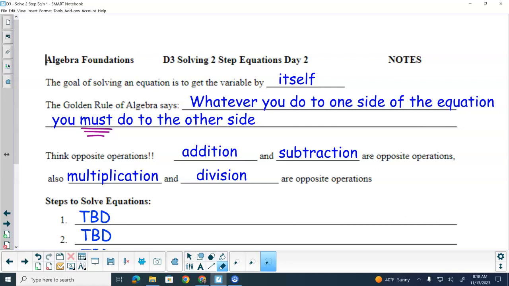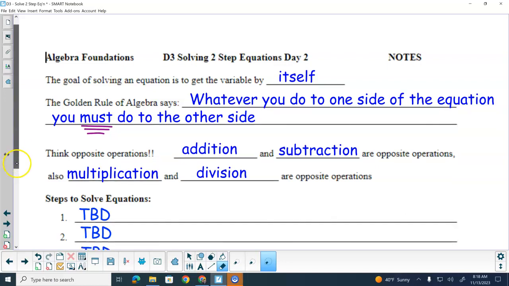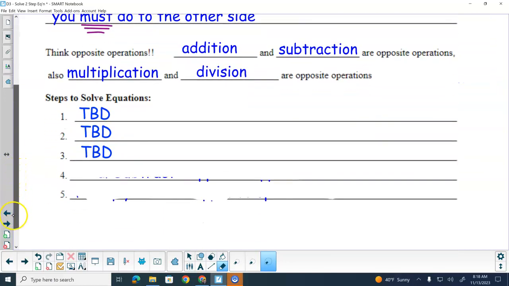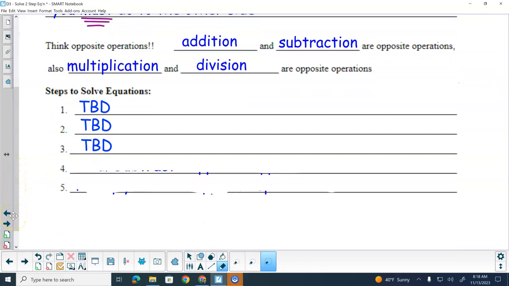Now remember, we're developing some processes for figuring out how to solve these equations. We're not quite ready. We'll be ready on Wednesday to give another step. But remember that our 2 steps that we have are actually step number 4. The first thing we do is we first clear off any adds and subtracts, okay? And we use opposite operations in order to do that.